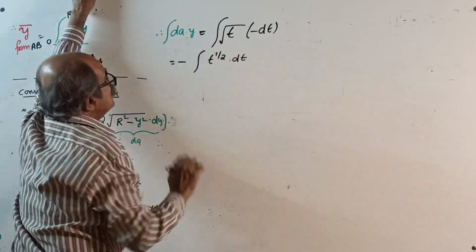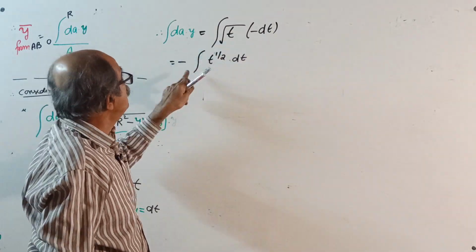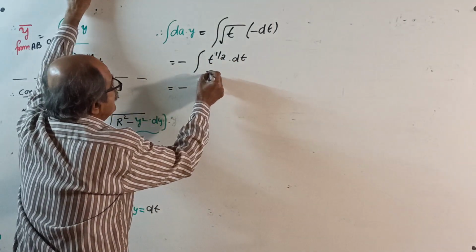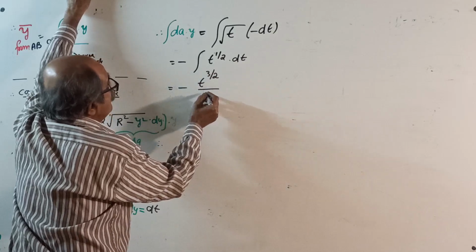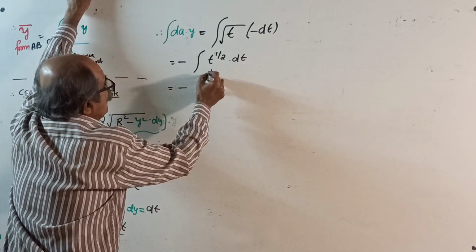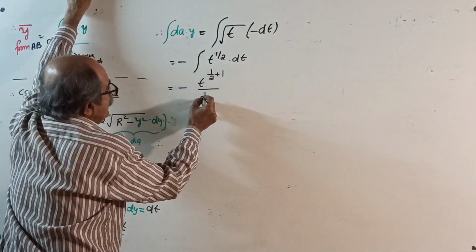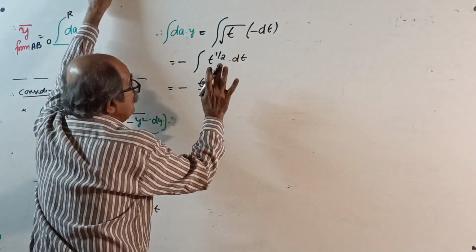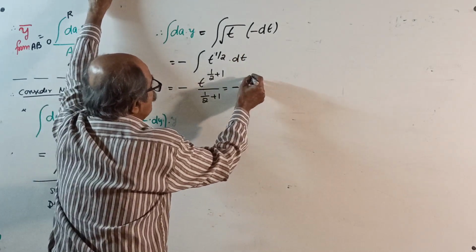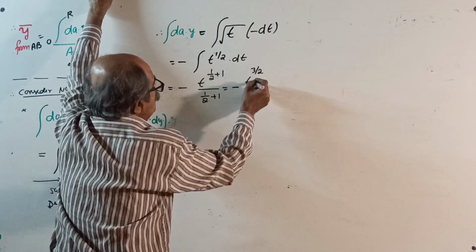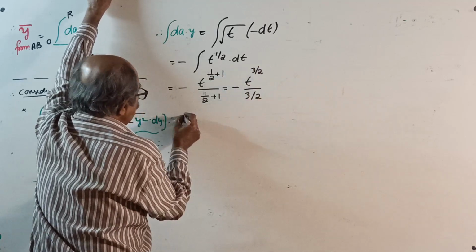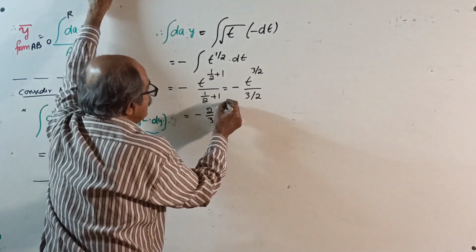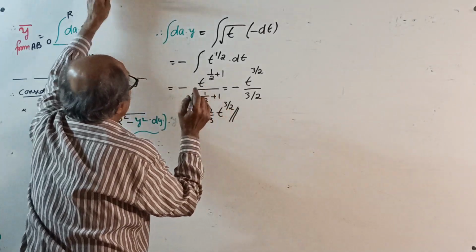For integration, root t is t power half, so minus of t power half plus 1 divided by half plus 1. dt is gone now. Don't put a limit. It equals minus of t power 3 by 2 divided by 3 by 2, or you can say minus 2 by 3 of t power 3 by 2 is the answer.